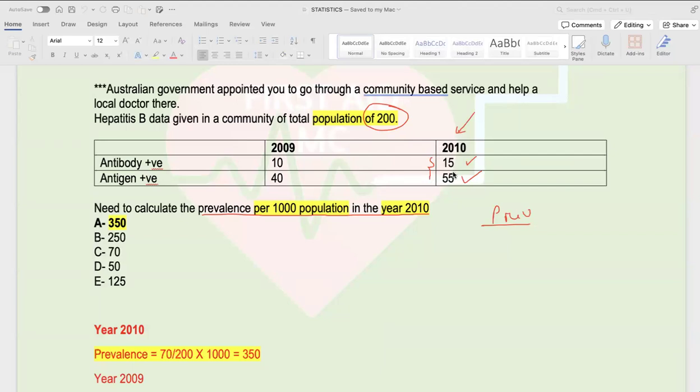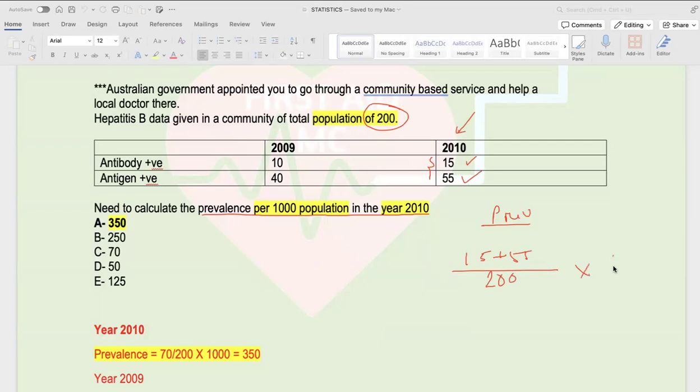So total number of people who have the disease or who had the disease, so 15 plus 55 divided by the total number of population. So total number of population is 200. So out of 200 people, this is the number of people in 2010 who had hepatitis B, right?